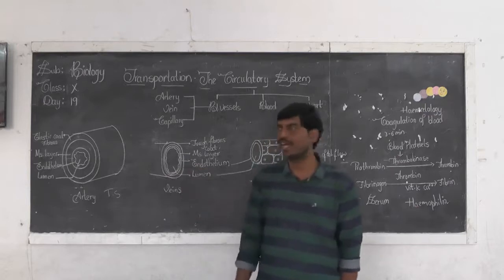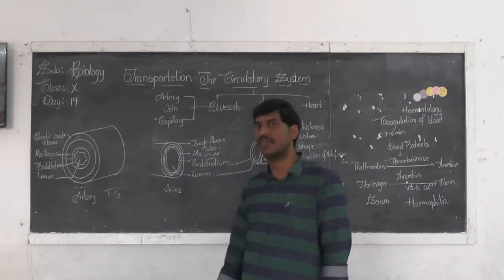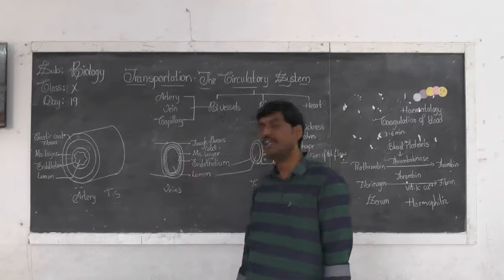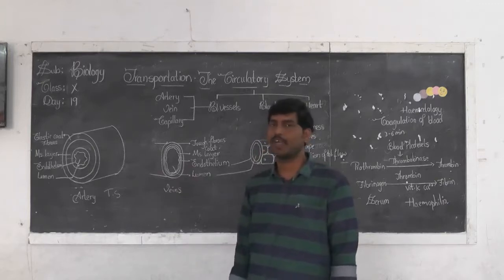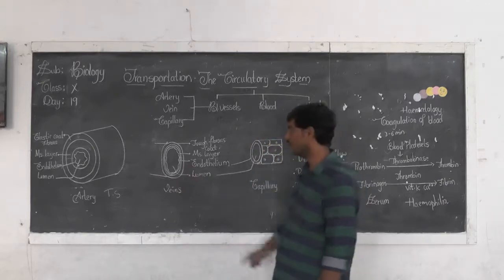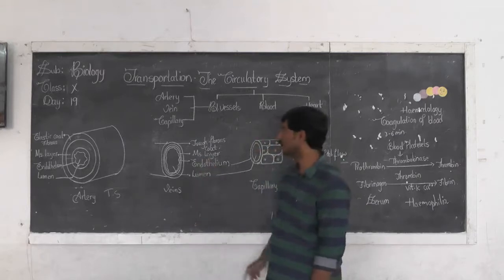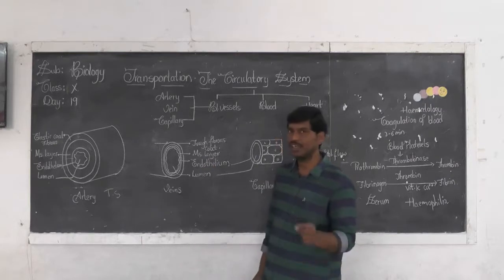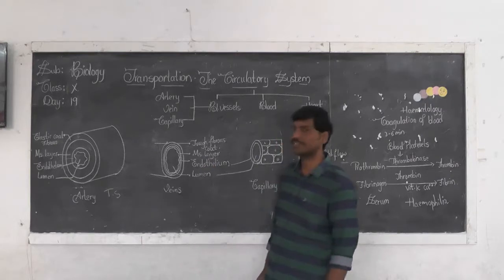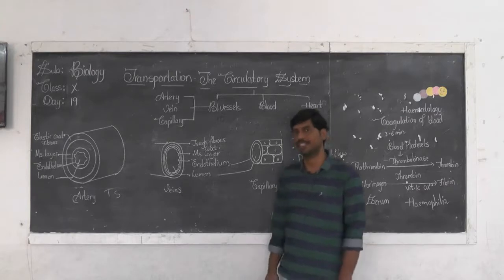Here the lumen is very wide, whereas in the artery the lumen is narrow. So in the TS of veins, you have seen a tough fibrous coat, then a thin muscular layer, then the endothelium, then the wider lumen.